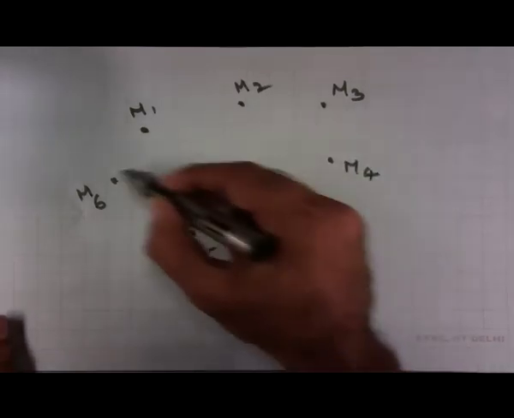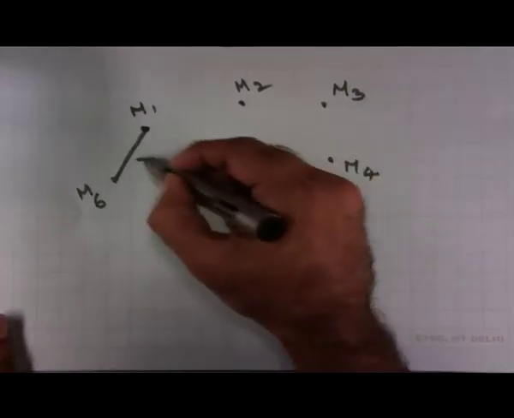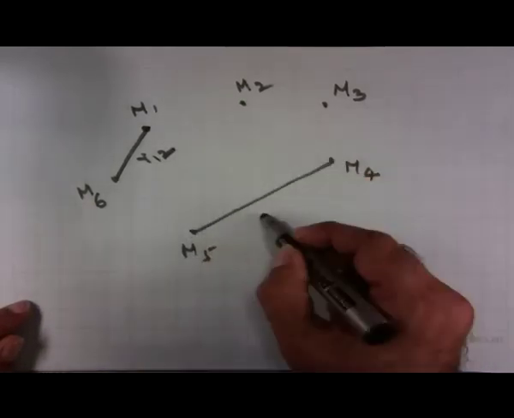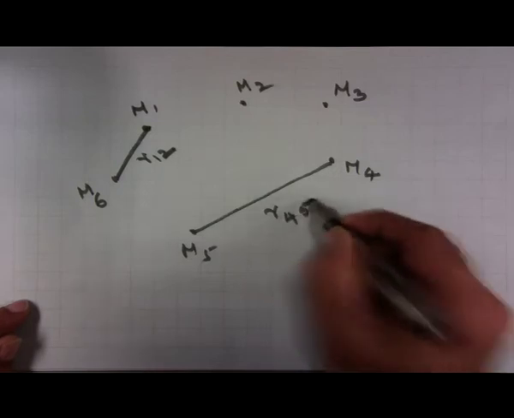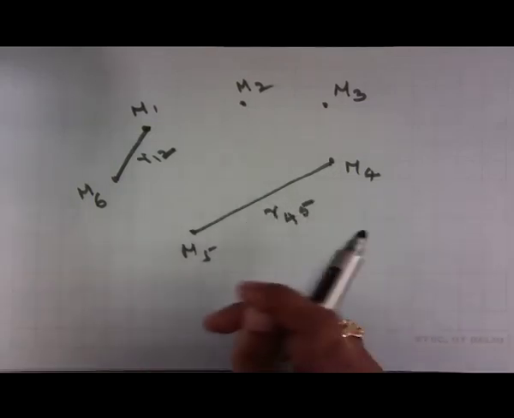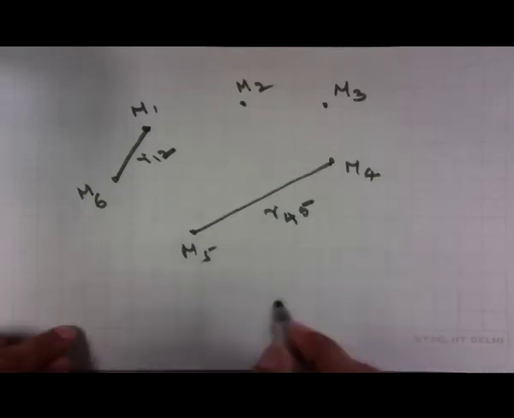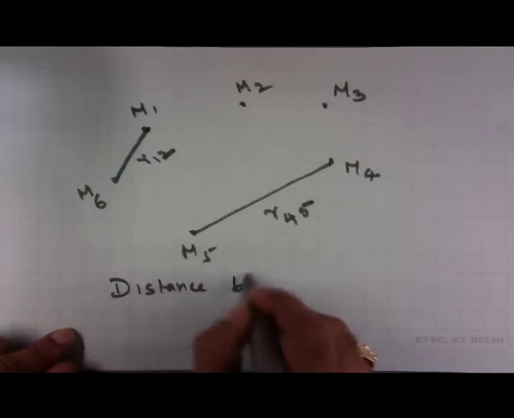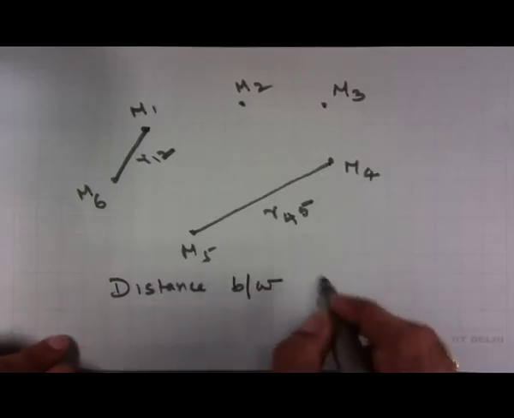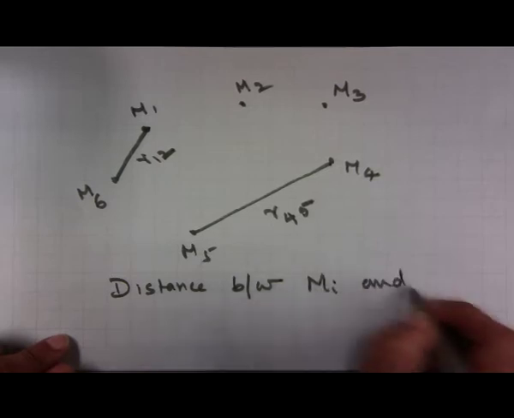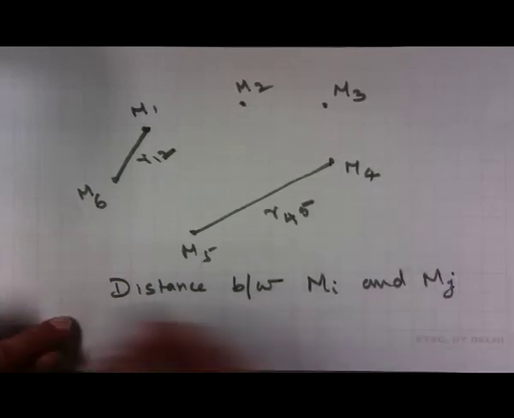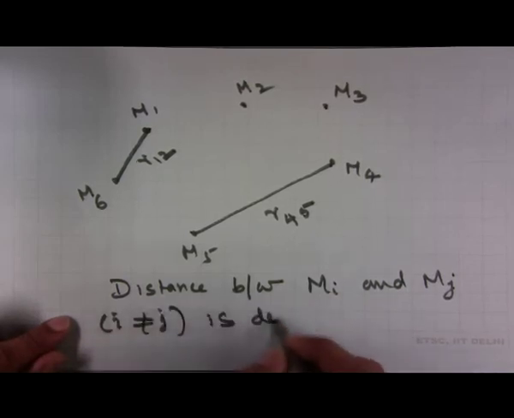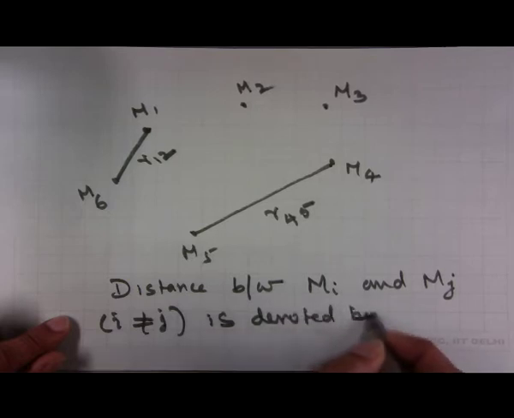Then I will connect them, and say the distance between M1 and M2 is R12, the distance between M4 and M5 will be R45. R12 is equal to R21, R45 equal to R54, or more generally, the distance between Mi and Mj, i not equal to j, is denoted by Rij.